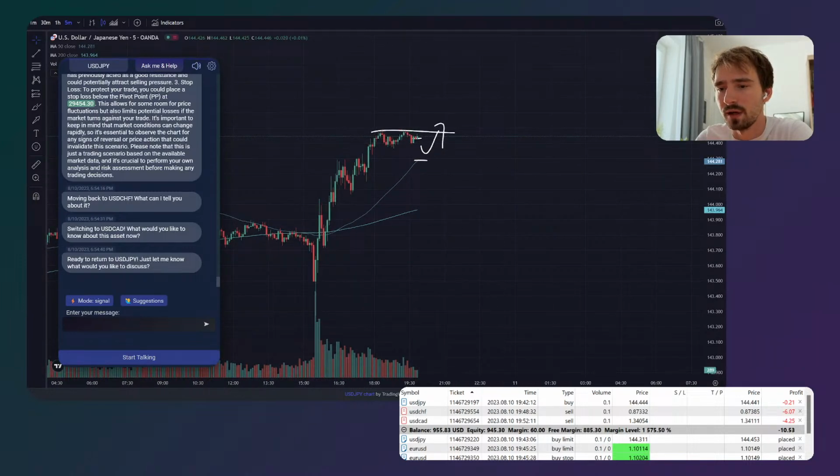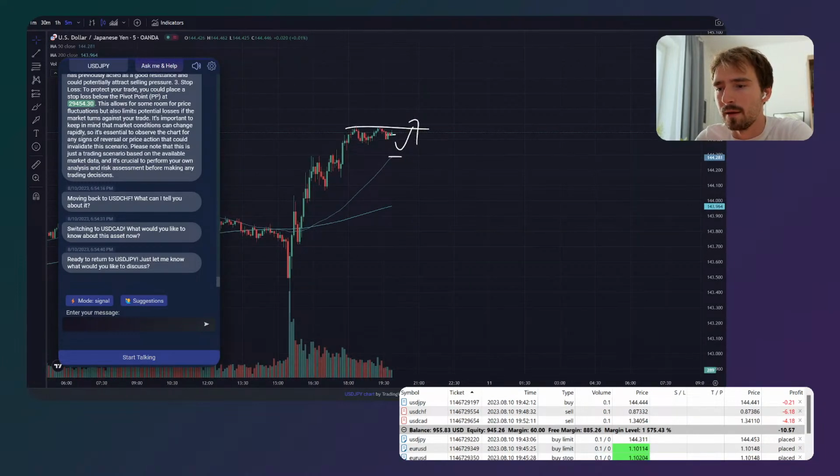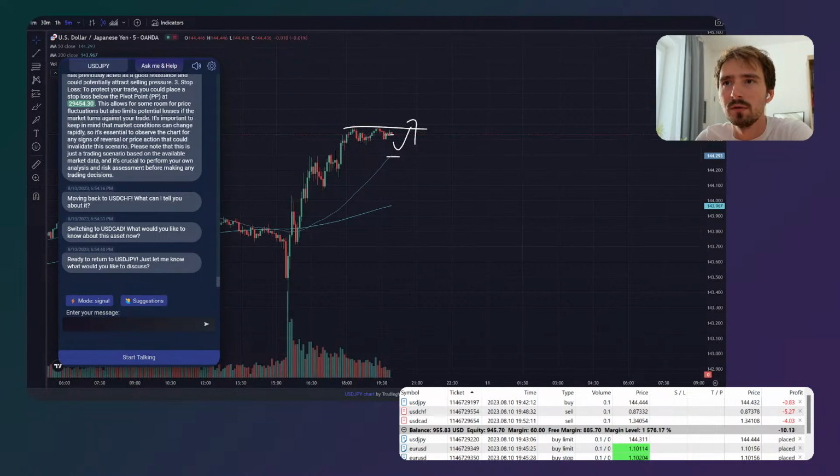Okay, guys, I think I have all of my orders placed as I wanted them to be placed. So let's also distribute the stop losses and take profits so we don't run into any trouble. For the stop loss here on the Canadian dollar, we would go above this line. And with the take profit, we would go probably something like that.